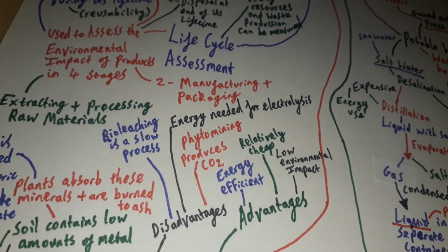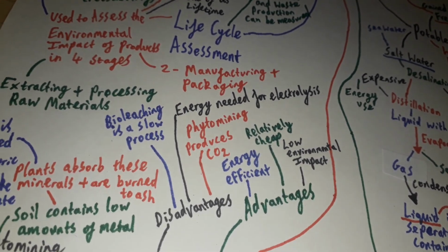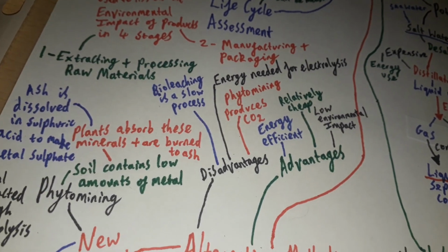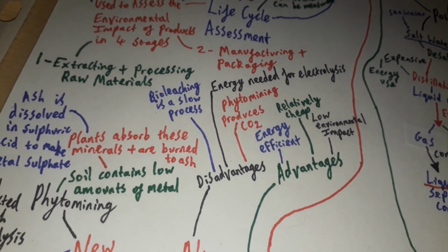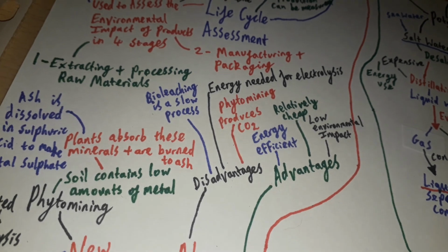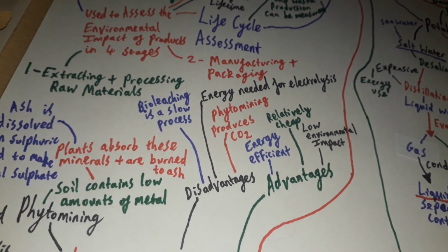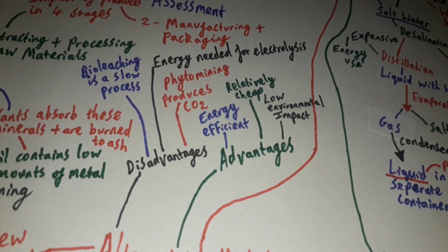Also, phytomining produces CO2, so it makes a lot of CO2 when we're burning down the plants, which is exactly what would have been made by smelting. So it's not really that much better for the environment than methods from before.